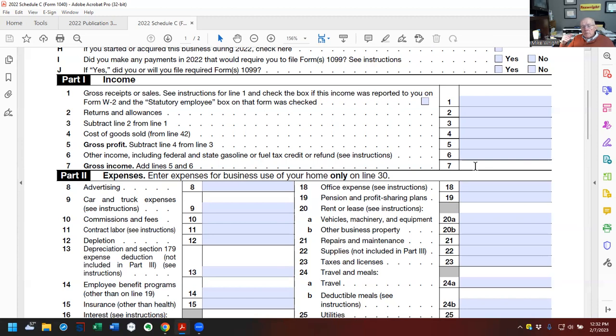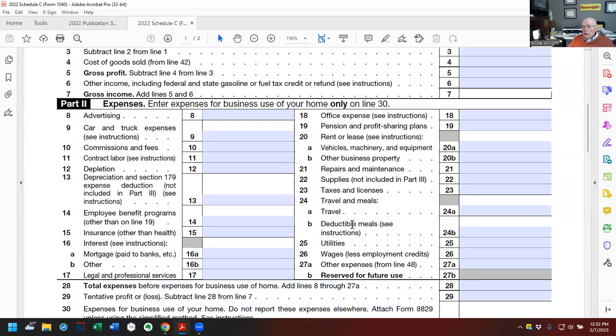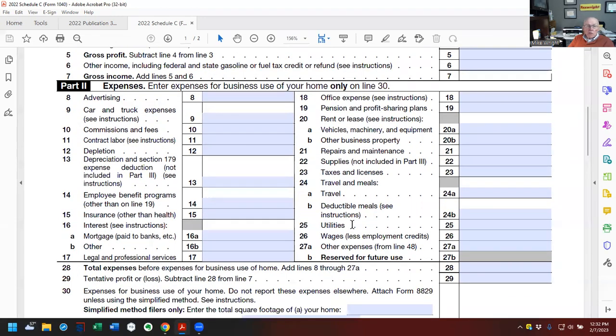Oftentimes, particularly those of us that are fans of the profit first concept, we call this top line income. Top line profits. This is the top line. This is where we start. And then we get into expenses. And this listing of expenses on the Schedule C is a very good guide.